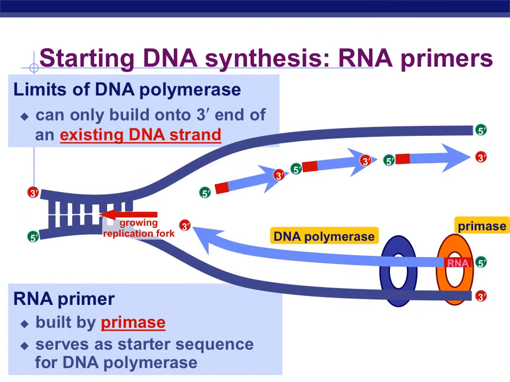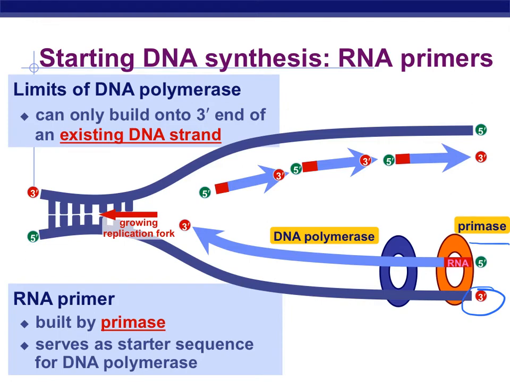So another enzyme involved is one that is called primase. Primase is the enzyme that kicks this whole process off, and it starts by building onto the 3' end of the original template strand. And it's actually just a single base of RNA. RNA is another nucleic acid that we will discuss in much more detail very soon.